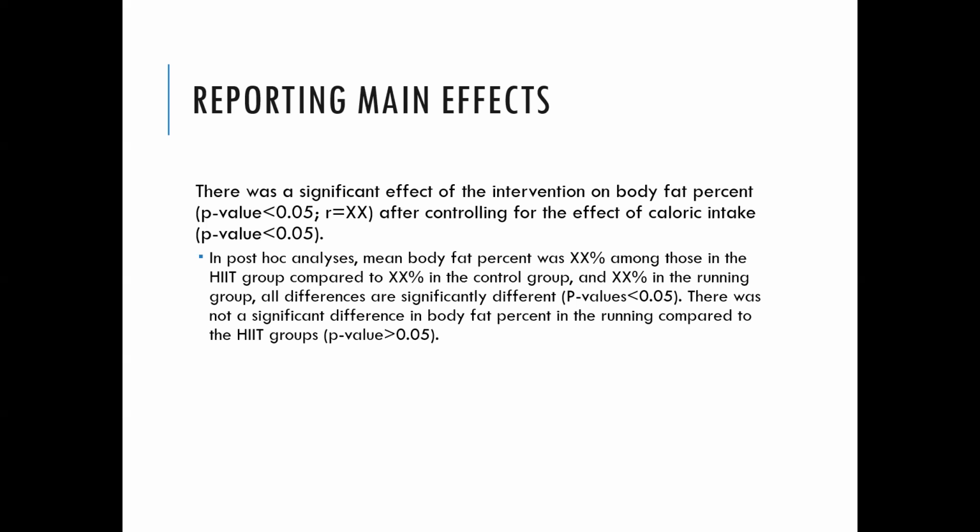And that all differences were significantly different, so all p-values were less than 0.05. And then we might go on to say there was no significant difference in body fat percent in the running group compared to the HIIT group. So this is just an example of how we might report our main effects for a study like this.